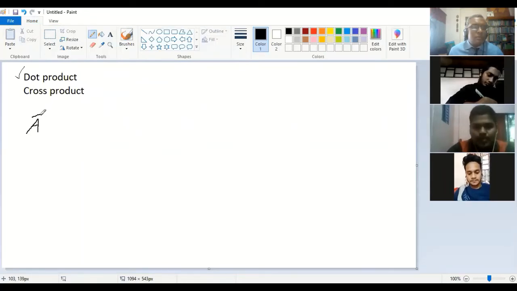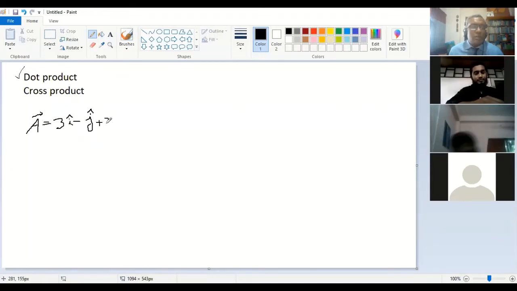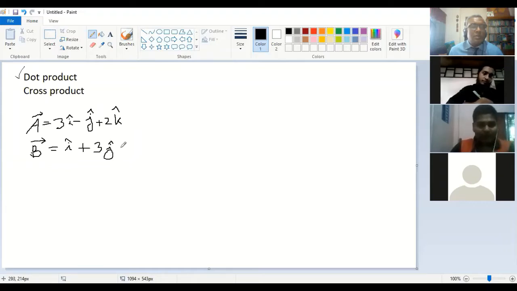Say A is one vector, and this is 3i minus j plus 2k, and another vector B that is also three-dimensional, and this is, for example, i plus 3j minus 4k.